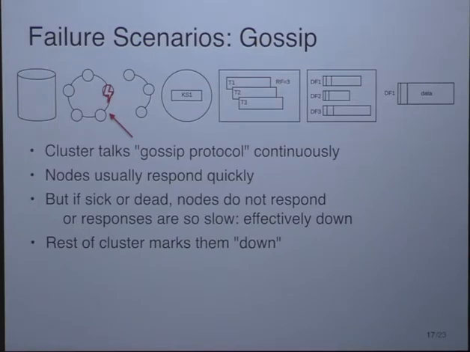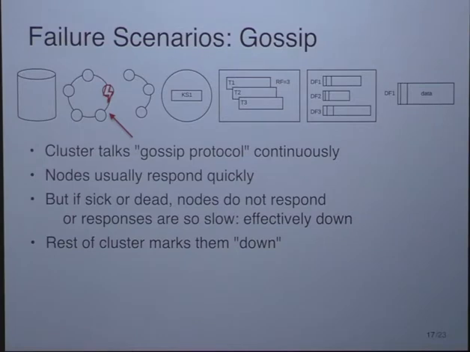Okay, so let's say one of the nodes is down. It's dead. The Java process died, it got a seg fault, whatever. On AWS, there was a bad piece of hardware, and the VM is no longer responding. One of your nodes is dead.